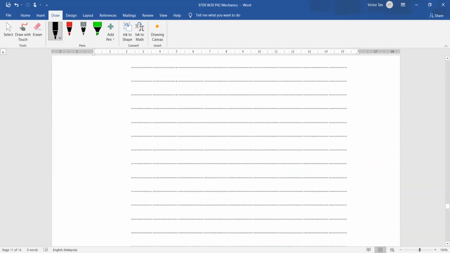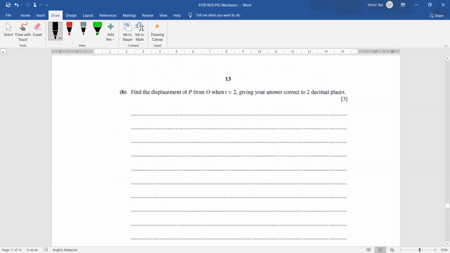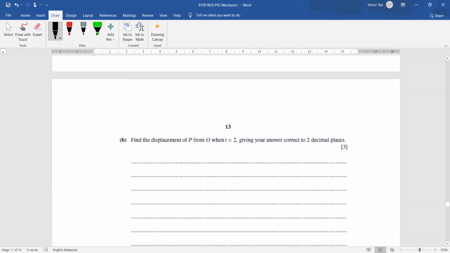Find the displacement of P from O when t equals 2, giving the answer correct to 2 decimal places. Displacement is integrate v dt.